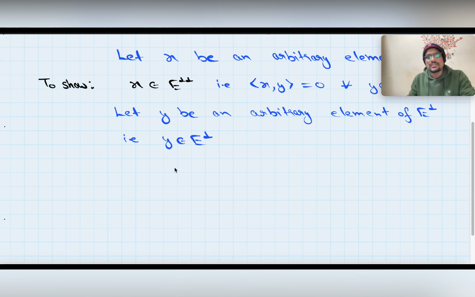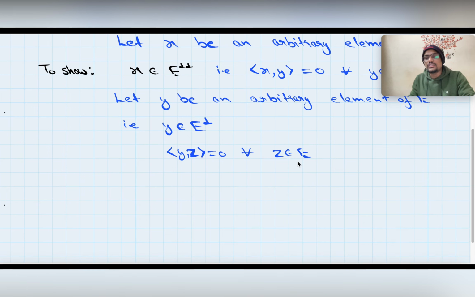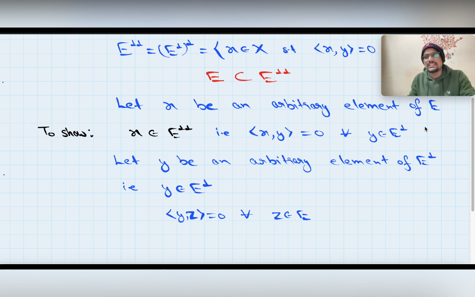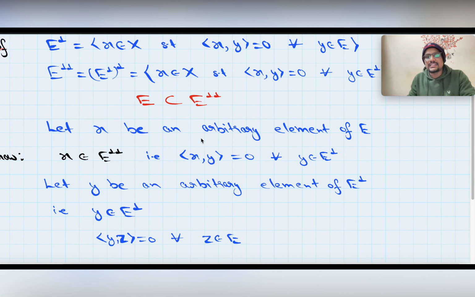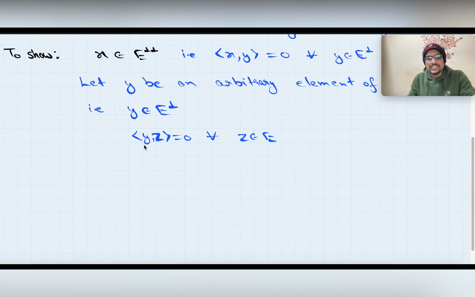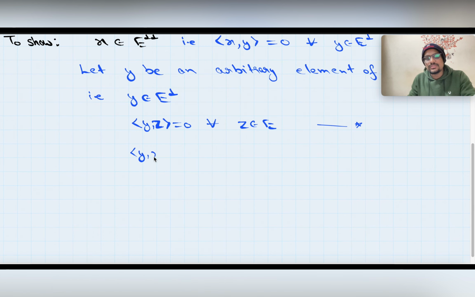It means the inner product of this Y with any Z, where Z is inside E, will give 0, and this is true for all Z belonging to E. So this is true for X also, because X is in E. We took this X from E, so X is an element of E, and this statement will be true for X also.